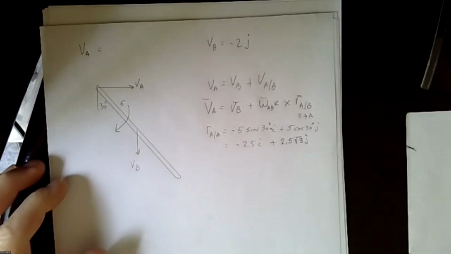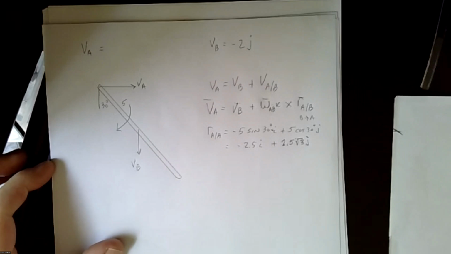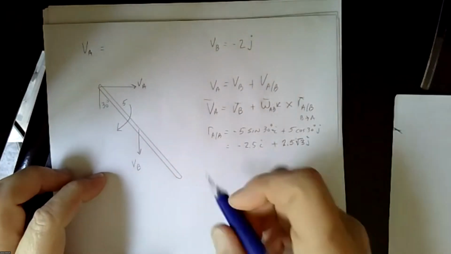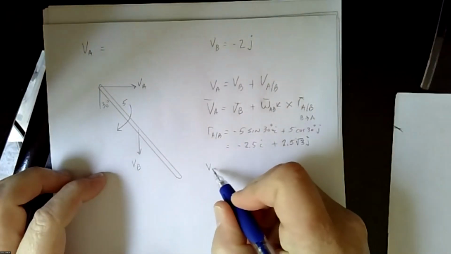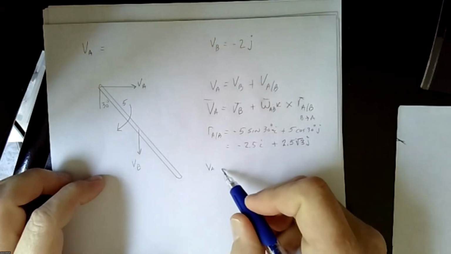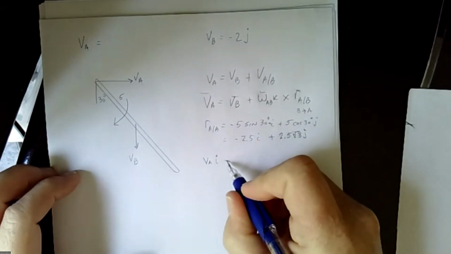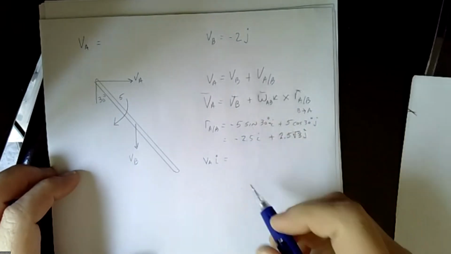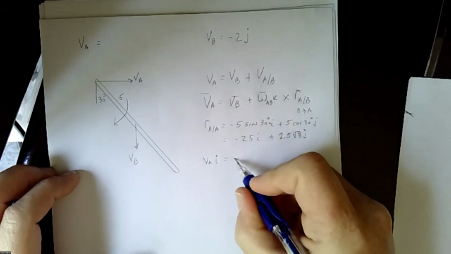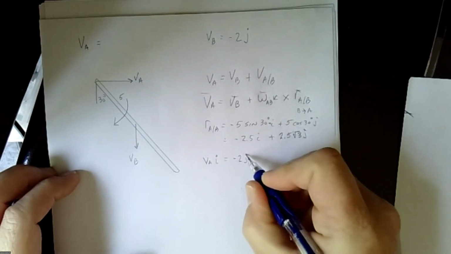So now that we have that, we can go ahead and write out what our equation will look like. So VA is only going to move in the I direction, so we're going to write that as VA I. And that is going to equal VB, which we know is only in the J, so that's negative 2J.